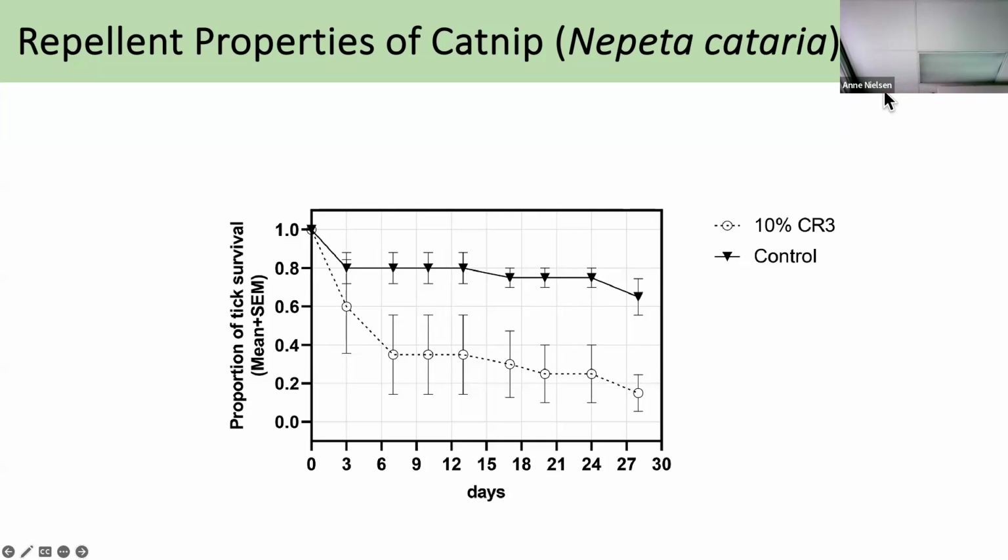We only expose them for 30 minutes, put them back in the incubator, and see what happened. And we see that they clearly are dying much faster than ticks exposed to DEET. So probably this is worth looking more into whether this has the potential to be used as an acaricide too, because it seems to affect the survivorship of ticks.